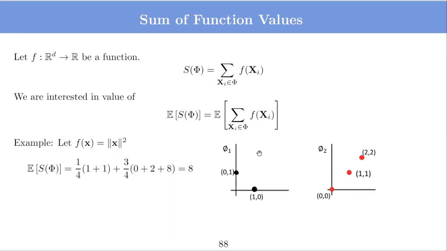So S takes value 2 with 1 by 4 probability and 10 with 3 by 4 probability. So the expected value would be probability into value of this plus probability of this into value of this. So you get 1 by 4 into 2 plus 3 by 4 into 10 and you get 8.